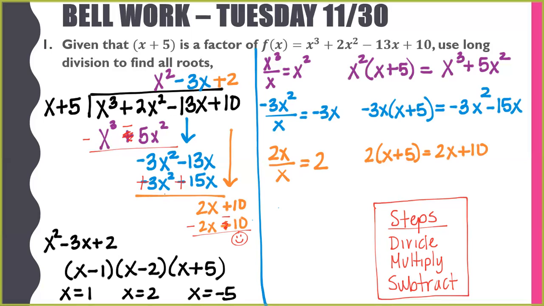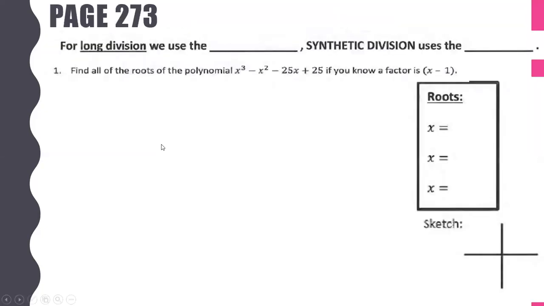Okay, so let's go ahead and look at a second way, which is synthetic division. So in your Agile Mind book, go to page 273.